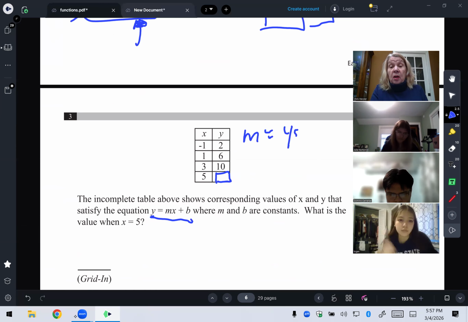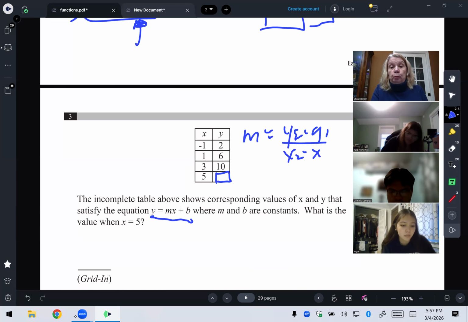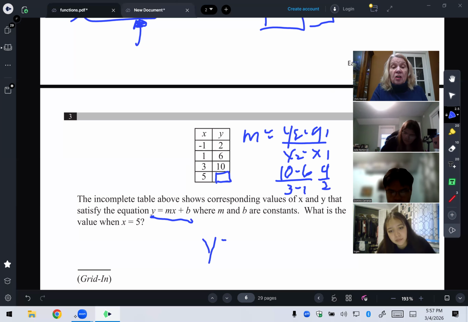And so that's going to be y2 minus y1 over x2 minus x1. So that's going to be 10 minus 6 over 3 minus 1. So that's 4 over 2. So we know so far our slope is 2.